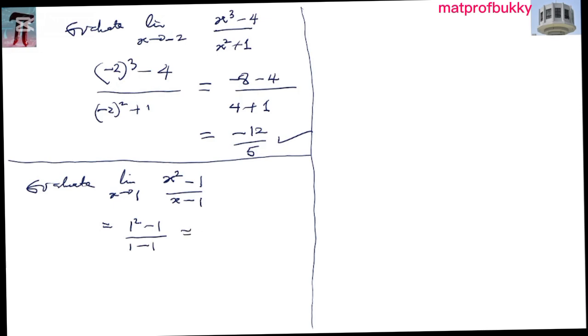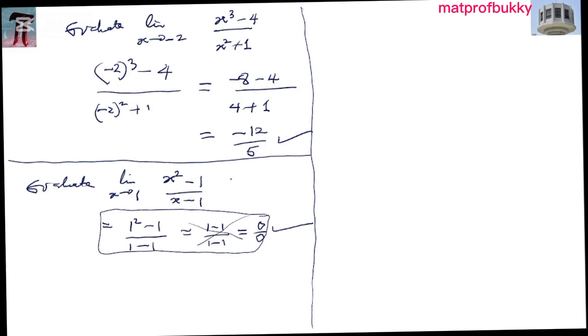So you get 1 squared is 1, minus 1 over 1 minus 1, so you get 0 over 0. This is what we call an indeterminate form in mathematics. When you encounter something like this, you must look for an alternative way of doing the problem. So this would be very wrong.